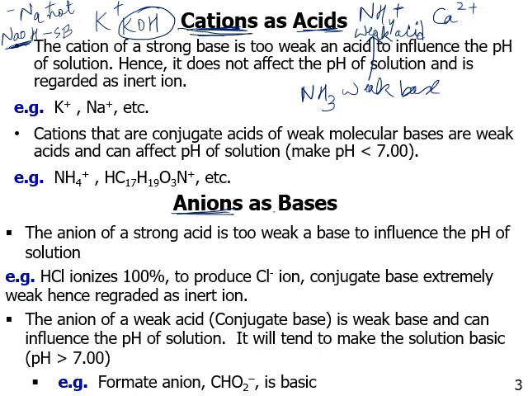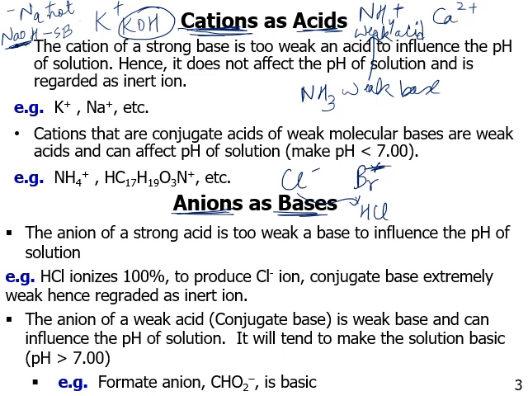Anions usually act as bases. If they are going to affect the pH, they will be making the solution basic. How? Same concept. If you think of anions like Cl minus, Br minus, these are anions that are usually part of an acid. If you think Cl minus, where you might have heard of this in an acid or base is HCl.